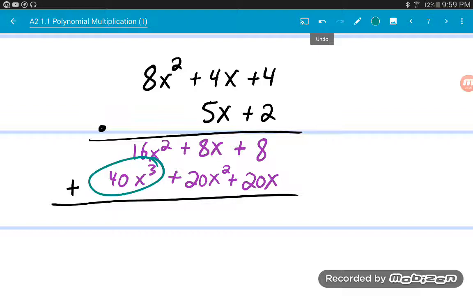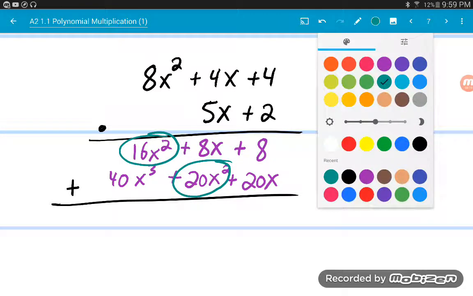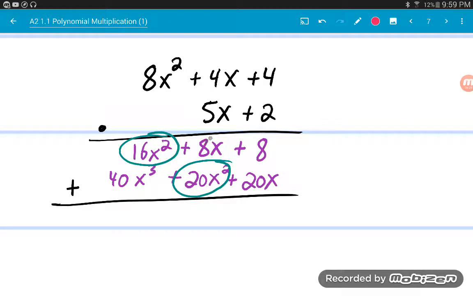It's x cubed. Are there any other x cubeds? No like terms. What about the x squareds? There's a positive 16x squared, and here's a positive 20x squared. Let's find one more set of likes. Here's an 8x, and here's a 20x. You'll notice the only things left are the 8 and the 40x cubed, which are not like.